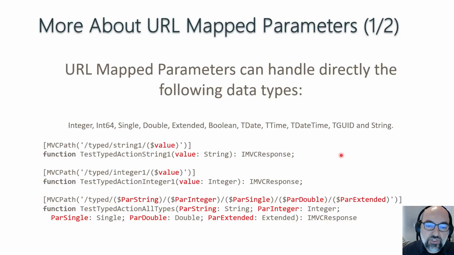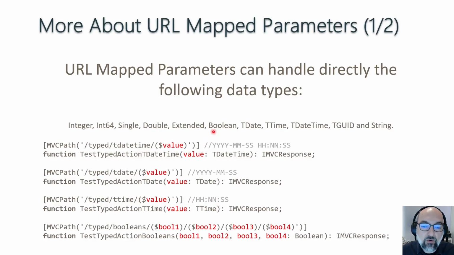The framework just understands how to convert the piece of URL into the data type needed by the action. In this case, it doesn't need a conversion because it's a string. In this case, it tries to convert the value to an integer. In this case, into a floating point number, or also a datetime using this format, which resembles ISO without the time zone.